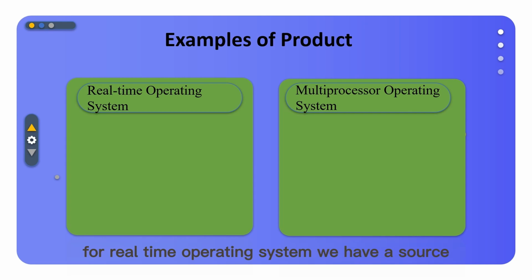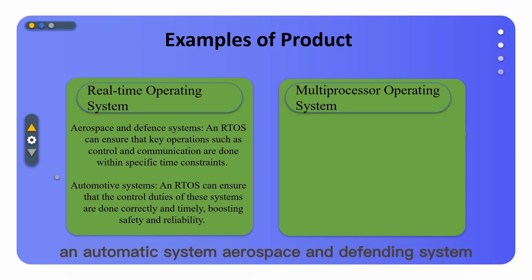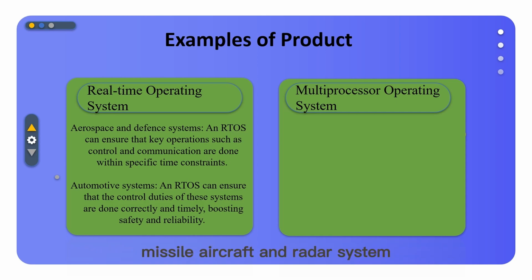For real-time operating systems, we have aerospace and defense systems, and automotive systems. Aerospace and defense systems such as missile, aircraft, and radar systems require an RTOS to ensure precise timing and response to external events.